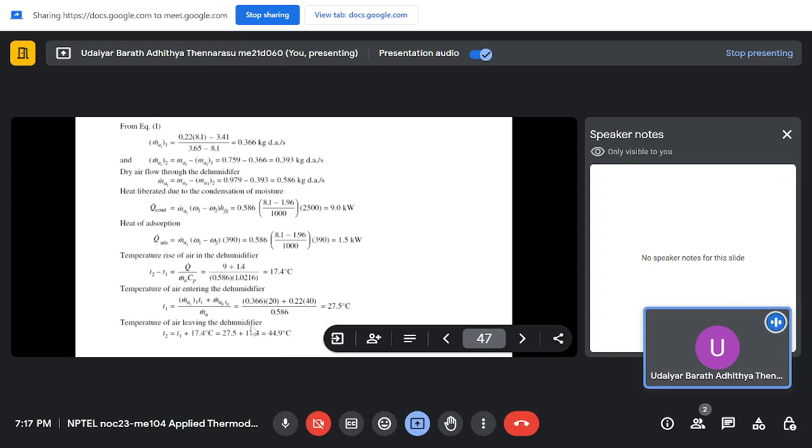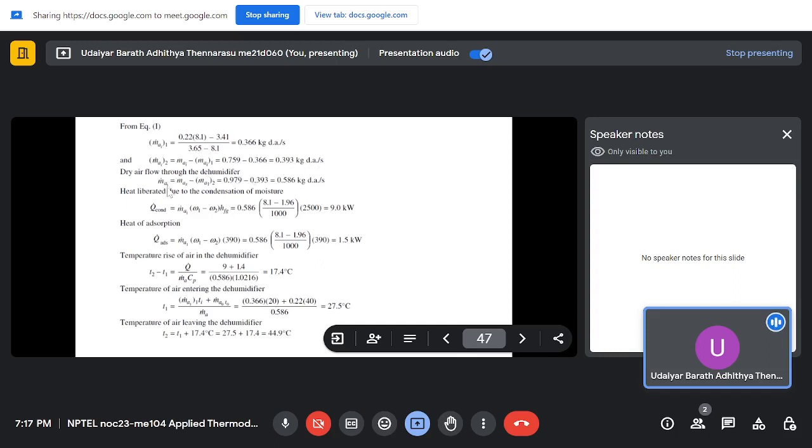So we have found out specific humidities. Now substituting, we can find out the mass of air which is split and recirculated. So m dot a1 in the first stream is 0.366 kg of dry air, and m dot a2 is 0.393 kg of dry air.